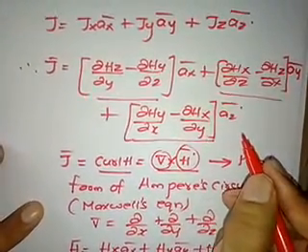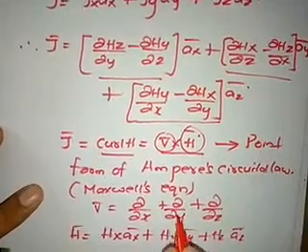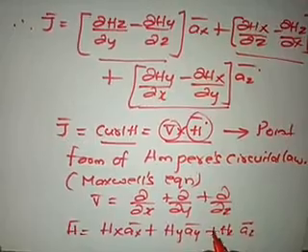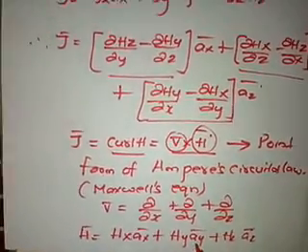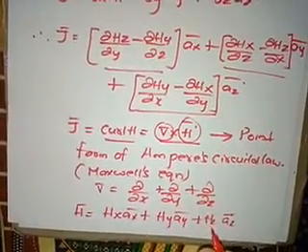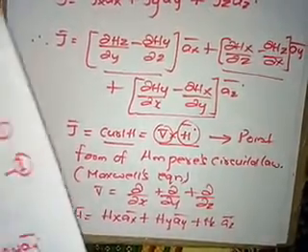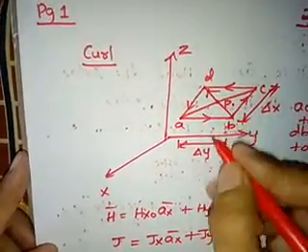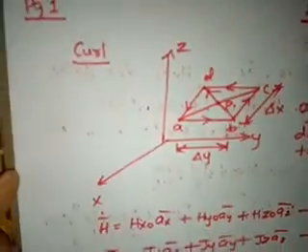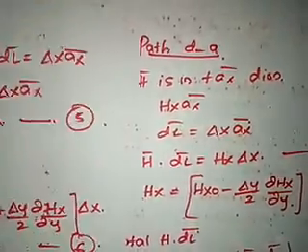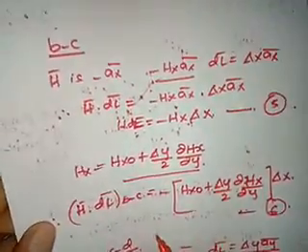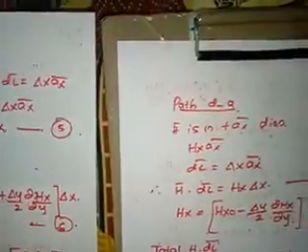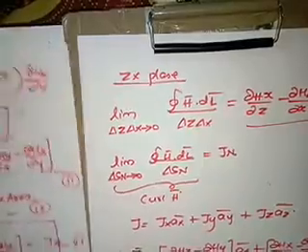So students, here we have developed the equation for the curl. Taking into consideration the path in the xy plane, we finally arrived by considering the other paths. We started with the differential rectangular element in 3-dimensional view. Then we derived the equations for H̄ · dl̄ along a to b, b to c, c to d, and d to a, and added all of those.